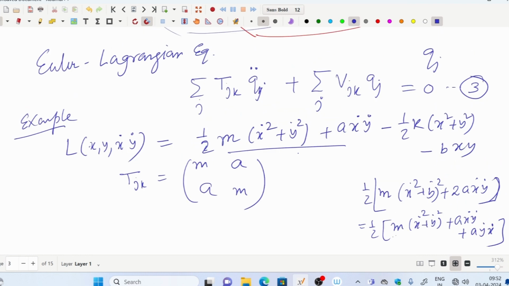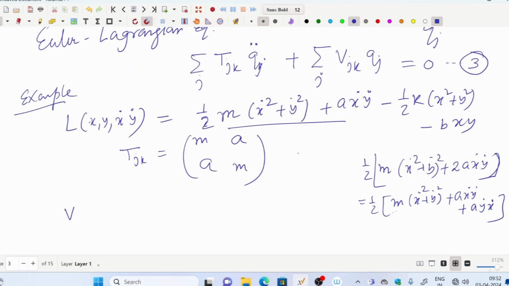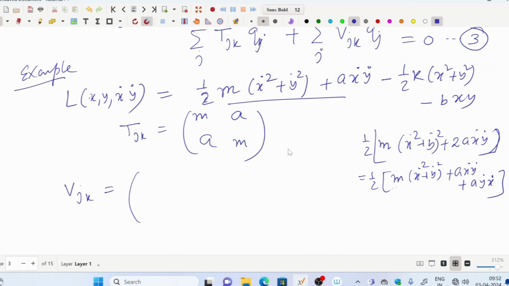And what about the potential energy matrix V_jk in this particular example? Exactly in the same way I will write it. Take the half common, and then you have k times (x square plus y square), and minus outside, because in the Lagrangian the potential energy is negative, plus b x y plus b y x in a similar fashion.